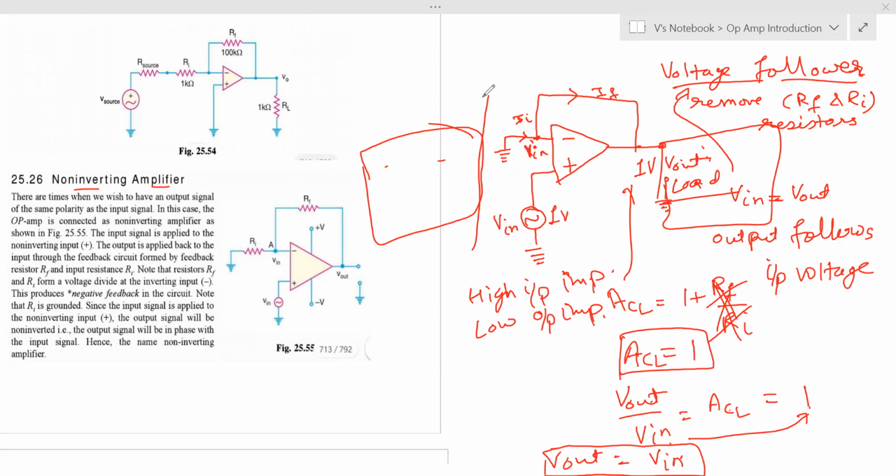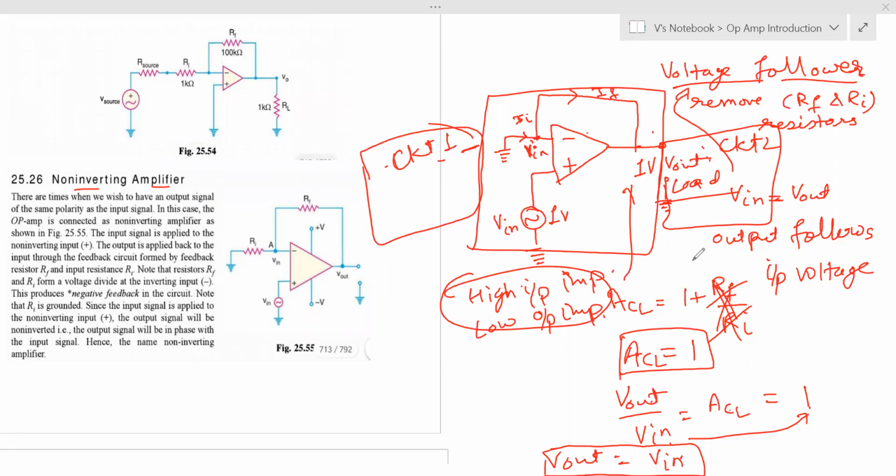So in a way, this is just a connector, because it is not changing any voltage, not changing any sign. Whatever voltage is in circuit 1 will be given to circuit 2 without any sign change. But the added advantage is that the loading effect is avoided, so there will not be any mismatching of impedance.